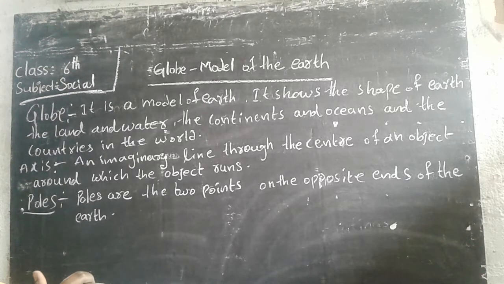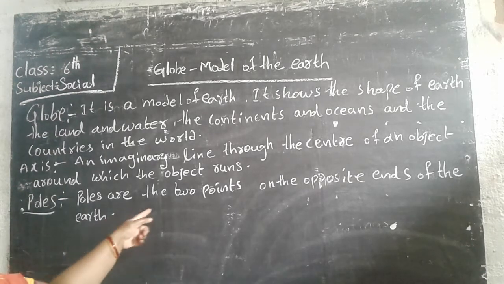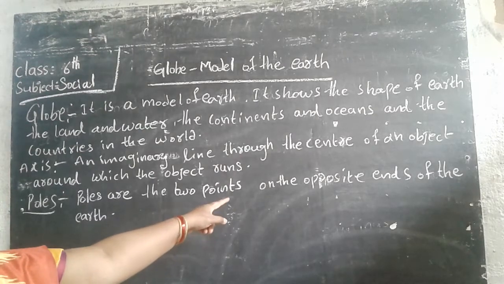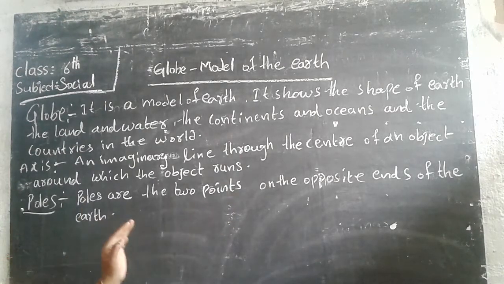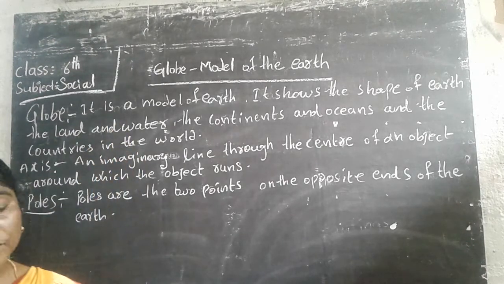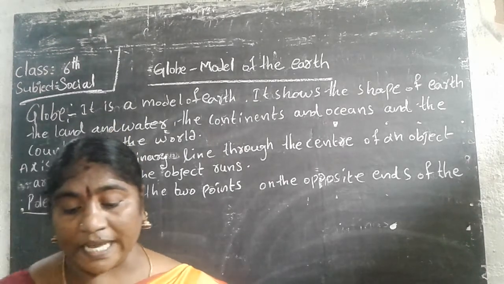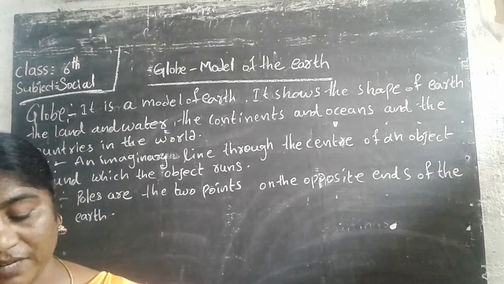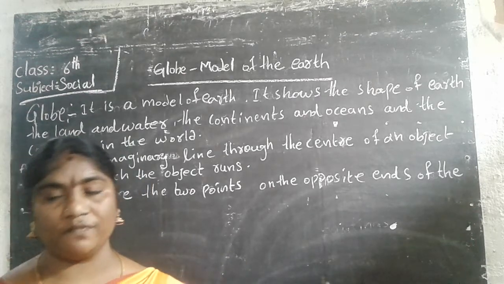And poles: now I show you here the model of Earth, the globe. This is the North Pole, this is the South Pole, and the poles are two points at the opposite ends of the Earth, one north and one south. Next, apex. What is the meaning of apex? It means the top, highest part of something.